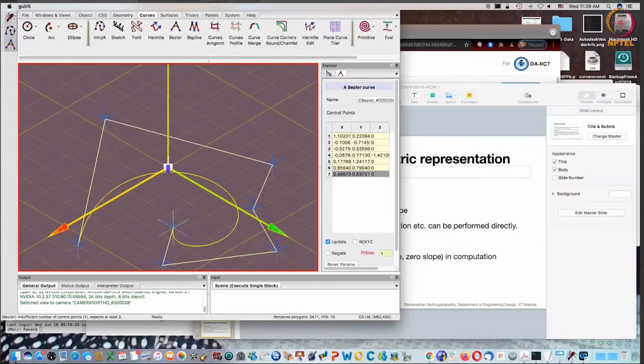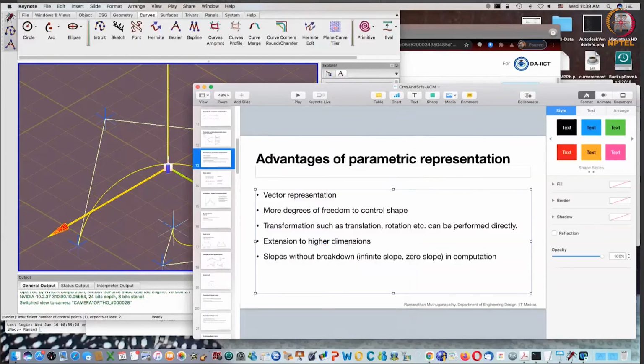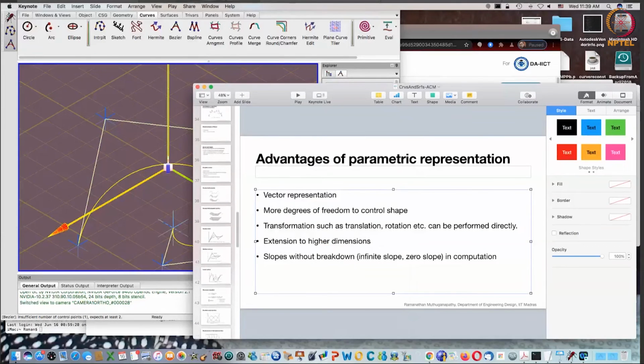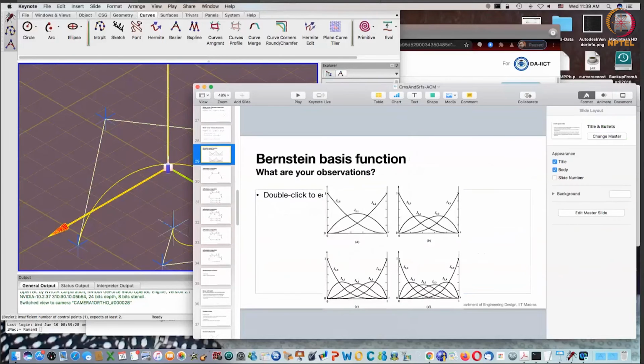I think Aditya was asking, this is actually one of the disadvantages of the Bezier curve. If you look at the basis functions, do you remember the basis functions? If you go to the basis function, you can observe that at other points, all the basis functions play a role. At any parametric point t equals some ti, all basis functions have some value.